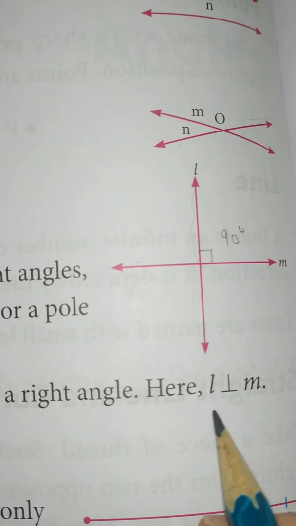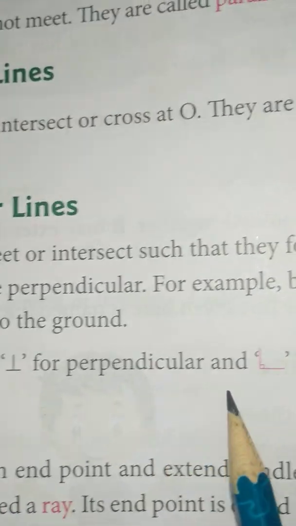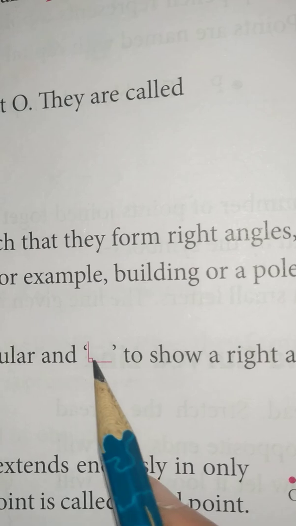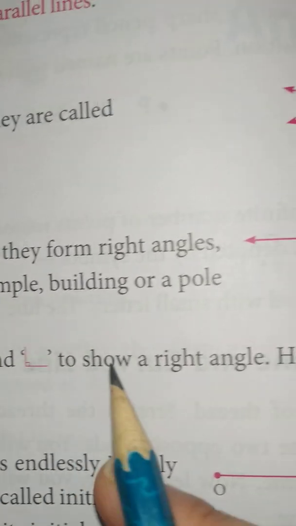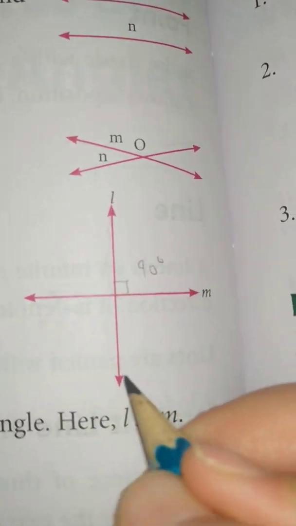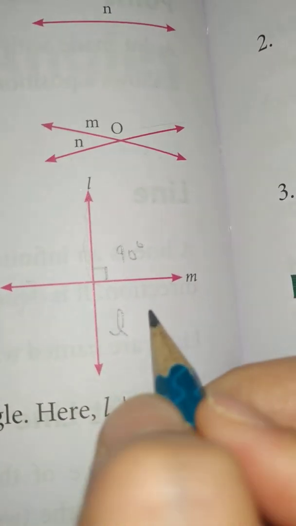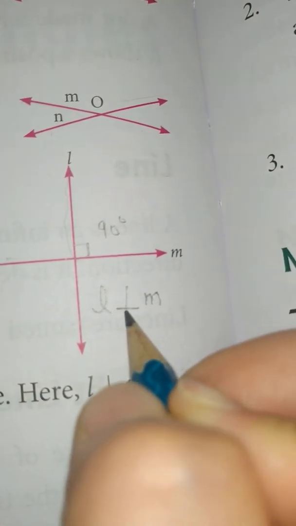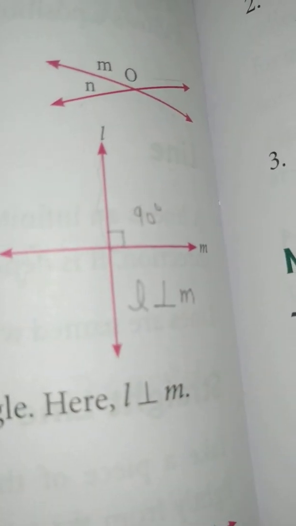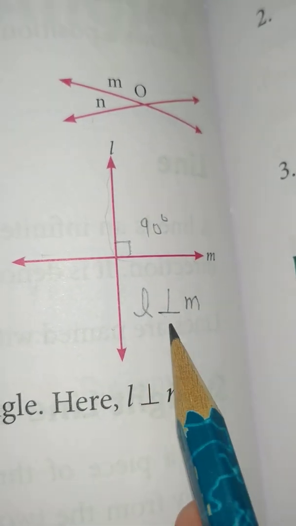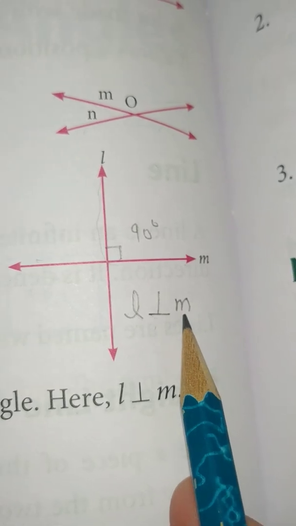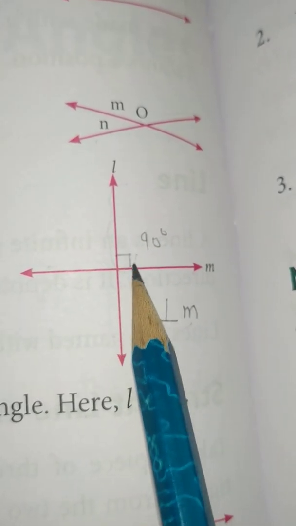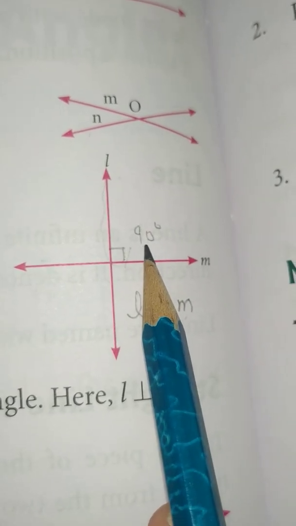Okay, so this is the symbol for perpendicular and this is the symbol for 90 degree. Here we can say that line L is perpendicular to M. Perpendicular means they will intersect each other at an angle of 90 degree.